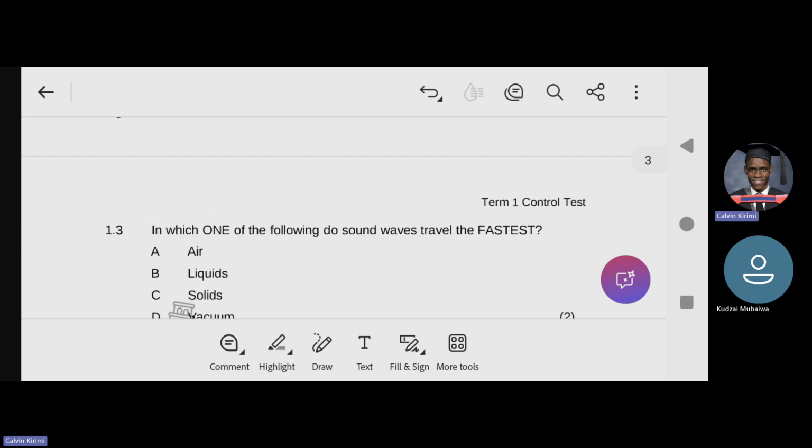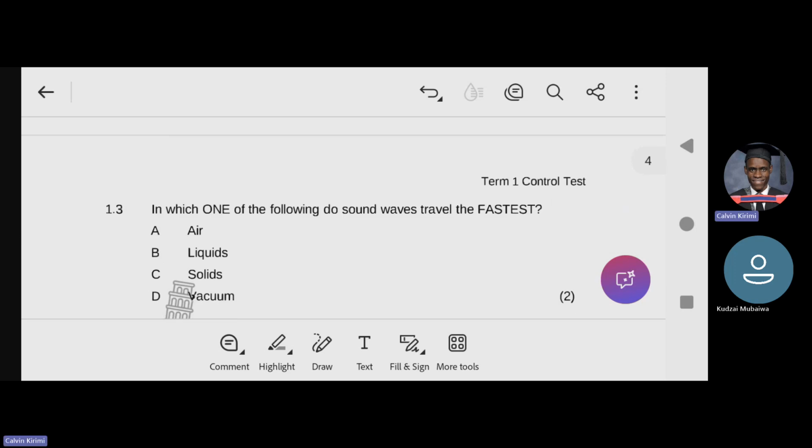Then let's go to number C. In which one of the following do sound waves travel the fastest? Does it travel the fastest in air? In solid, in liquid? Or does sound travel the fastest in a vacuum?